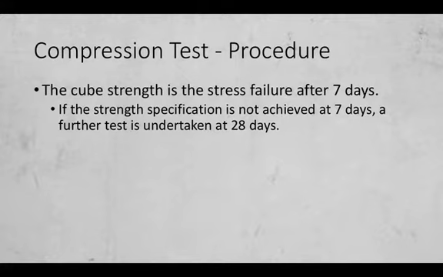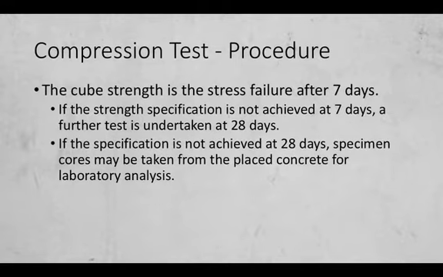And if you don't gain the strength that you're looking for after 7 days, a further test should be done at 28 days. It says if the specification is not achieved at 28 days, specimen cores may be taken from the placed concrete for lab analysis.